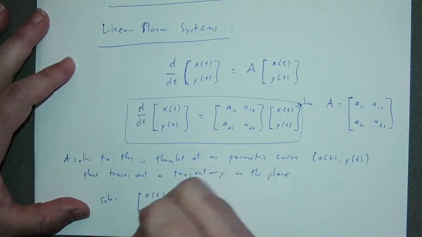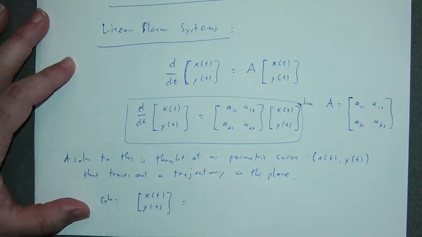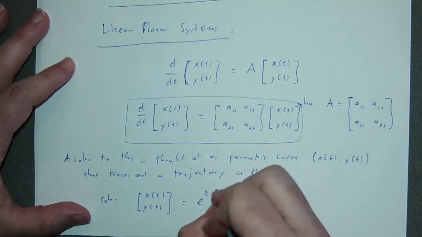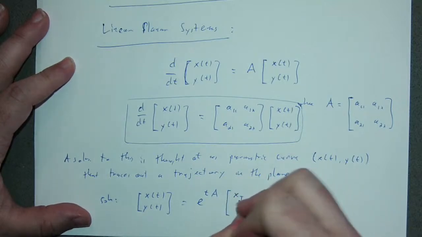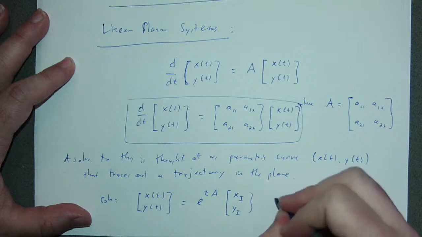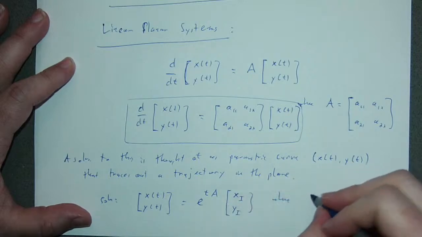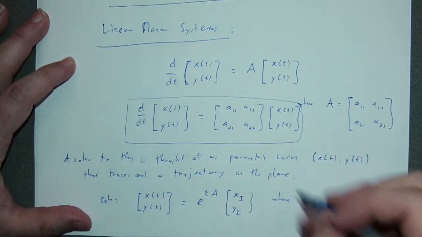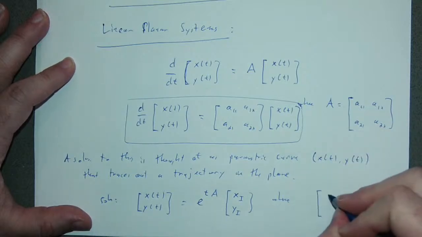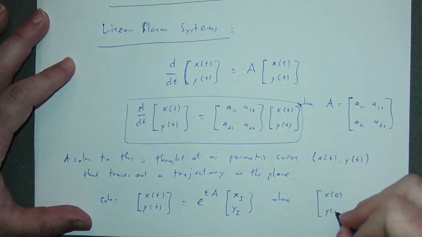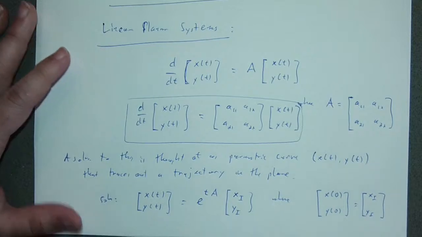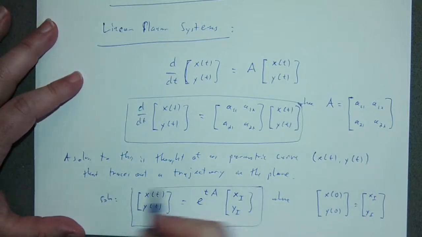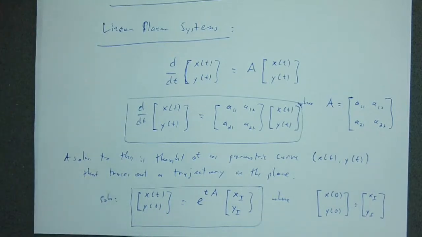So x of t, y of t can be written as the matrix exponential e to the tA times my initial vector, we'll say x sub I, y sub I. This is my unique solution to the IVP, where I have initial values x of 0, y of 0 equal to x I, y I. Okay, so I actually know what my solution is. It's entirely determined by this matrix exponential.